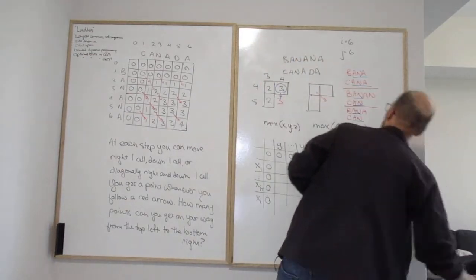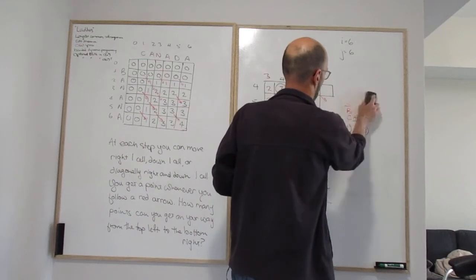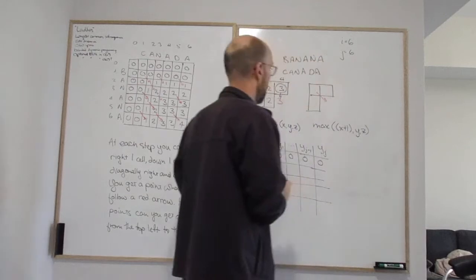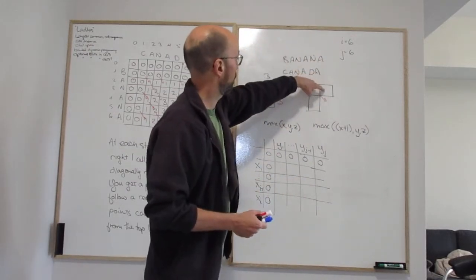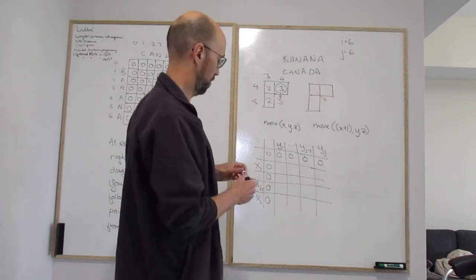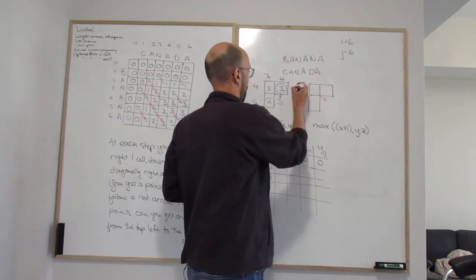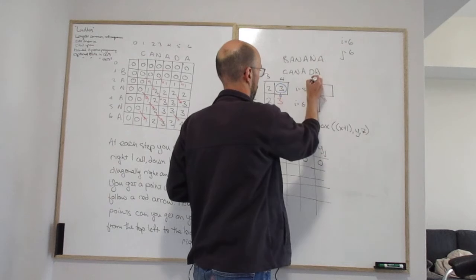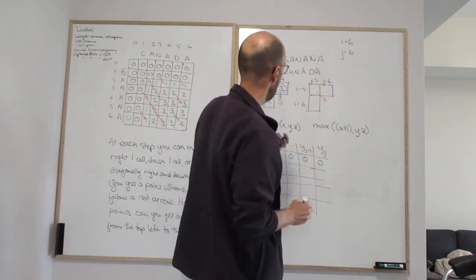What are these entries? Well, this is the longest common subsequence of I is equal to 5, I is equal to 6, J is equal to 5, J is equal to 6.